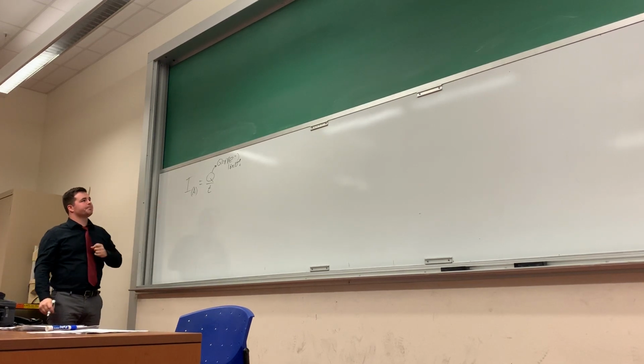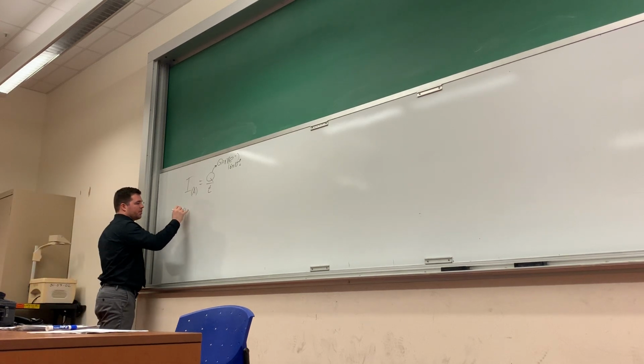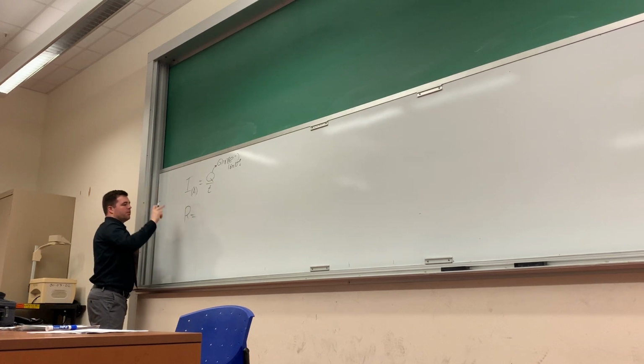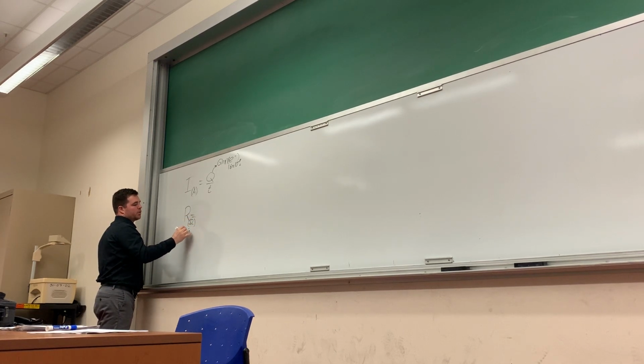So that's current. Then we went to resistance, which is the opposite of current. If current's the flow of electrons, resistance resists electrons. It slows them down. That is measured in ohms.